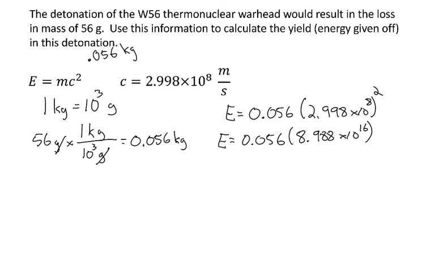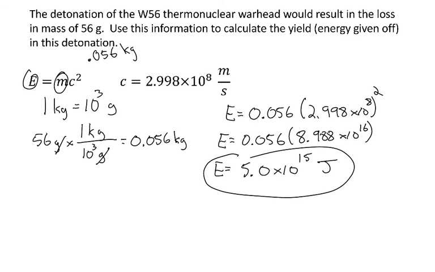And so I'll multiply that by the 0.056. And so my energy comes out to be 5.0 times 10 to the 15. And the energy is always going to be joules. The mass is going to be kilograms. All right, and so then that's our answer to this problem.